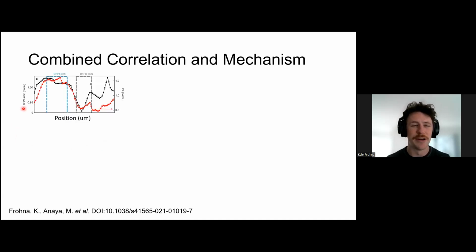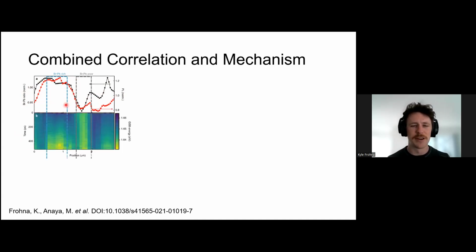Due to the geometry of the transient absorption, we had to use a line cut rather than a full image. We had to give up one of the spatial dimensions for an energetic dimension. On this line cut, the black line is the bromine content. The red line is the PL of the same spot. You can see in a lot of places, they correlate with each other quite well.